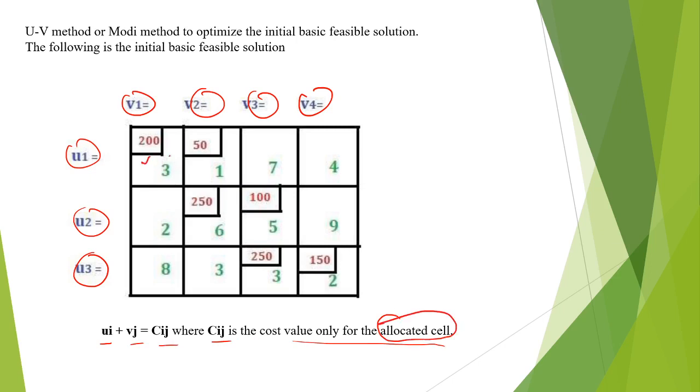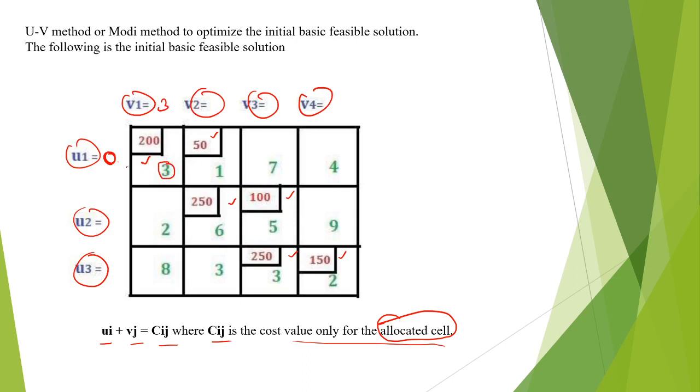This is an allocated cell, and these are the allocated cells. Now I will put U1 equal to 0, the initial value. U1 plus V1 is equal to Cij. What is the cost here? 3. So 0 plus V1 equals 3, so the value of V1 is 3.